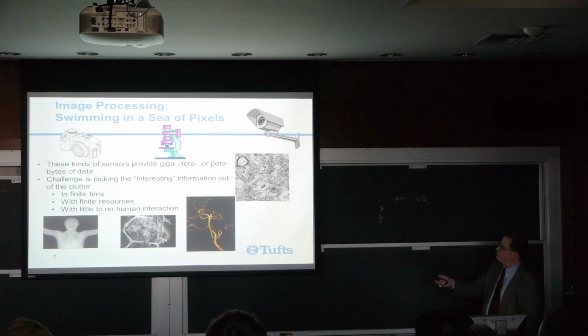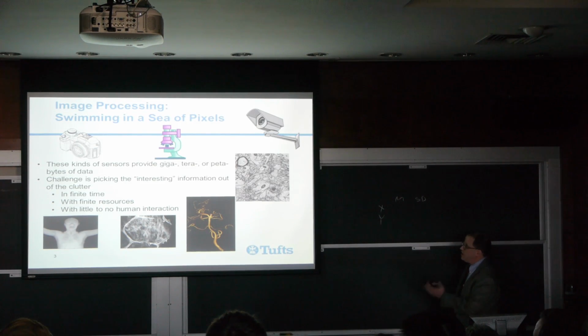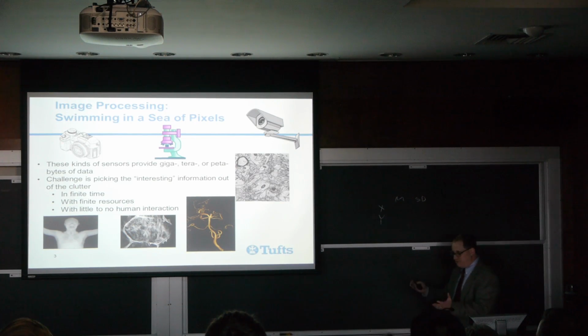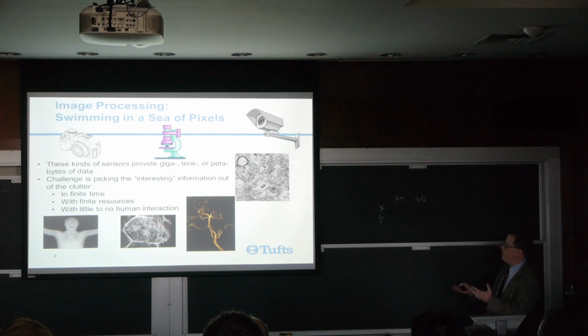If you look at these types of sensors and instruments, cameras, microscopes, video, you're talking about gigabytes, terabytes, or for some real problems, petabytes of data. The primary challenge is in fishing out what you're interested in. What is it that's interesting in these pictures? What's different? Normality is generally easy to find but uninteresting, but what's different sometimes?